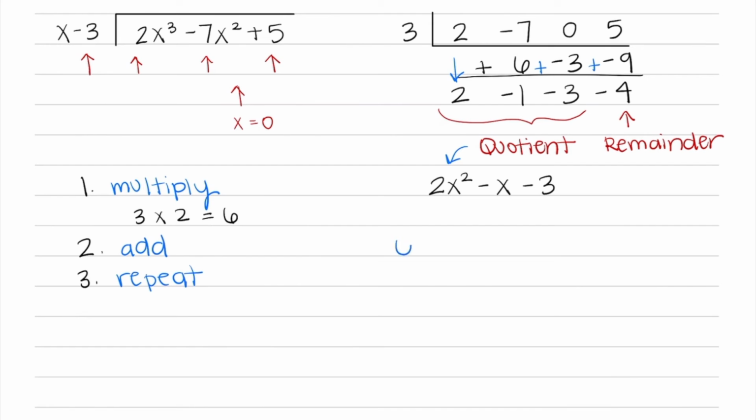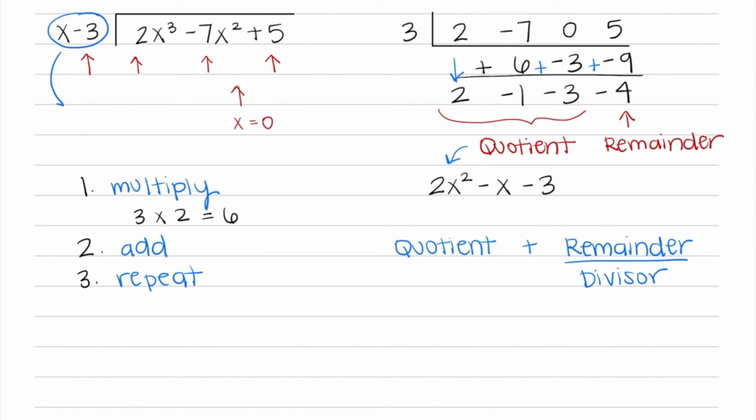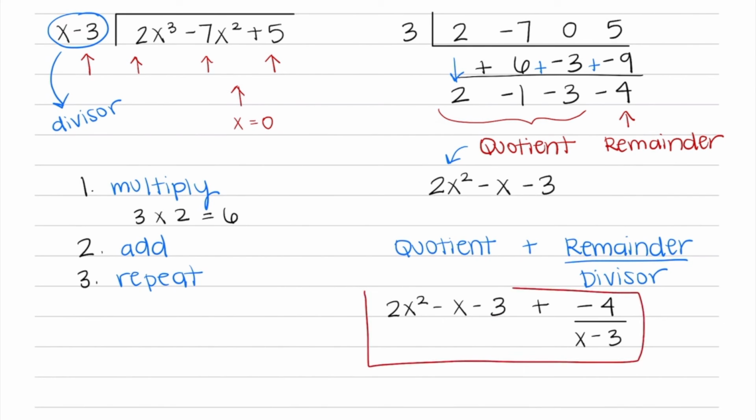To write the solution of a problem like this, we are going to write our quotient plus our remainder over the divisor. In this case, our quotient is 2x squared minus x minus 3 plus our remainder is negative 4 over our divisor, which is x minus 3. And that's our solution.